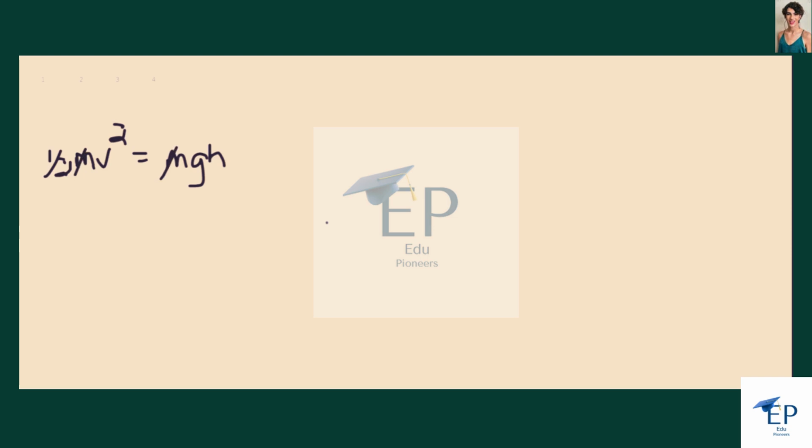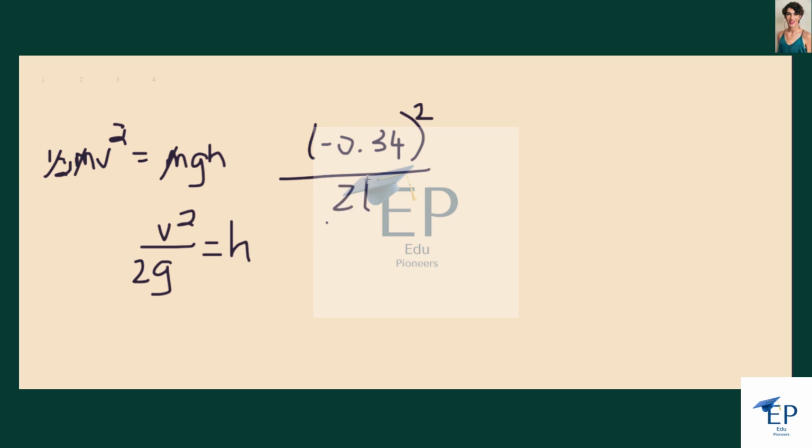So the masses here cancel. So then we can apply the same equation to find the height of A, which using the final velocity we get negative 0.34 squared divided by 2 times 9.8. This is the height of A after the collision.